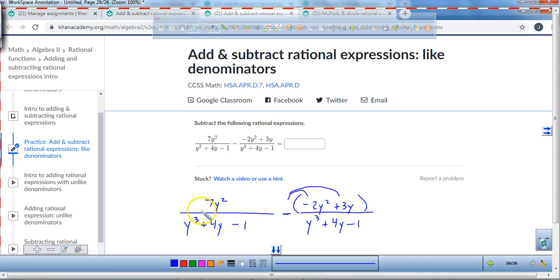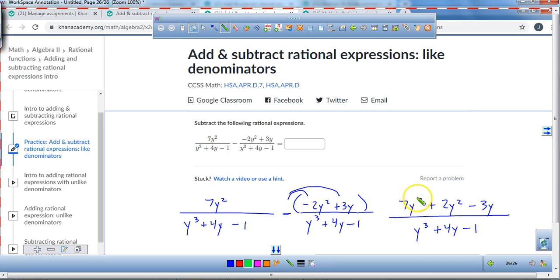So I'm going to end up with 7y squared, and we have a negative times a negative, which makes that a positive, so I'm going to put plus 2y squared, and then minus times a 3y becomes minus 3y, and that's all over y cubed plus 4y minus 1.